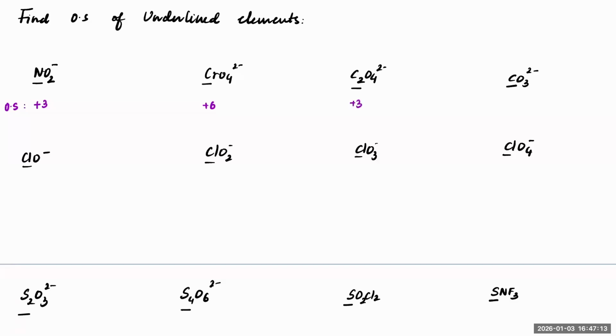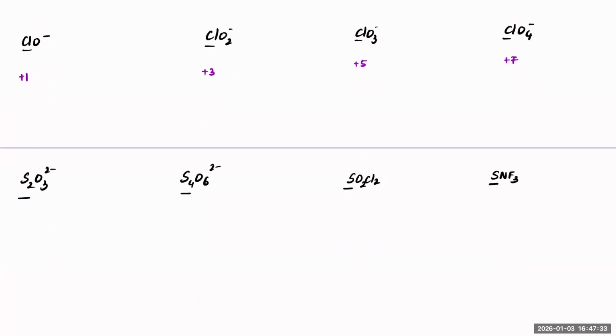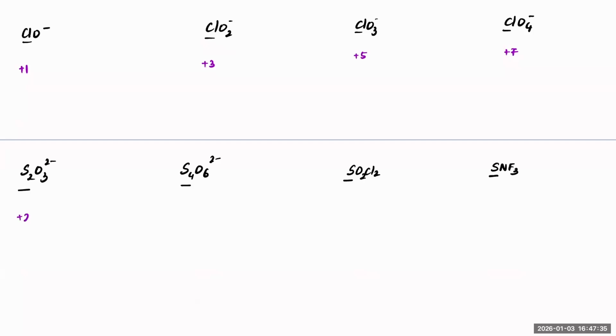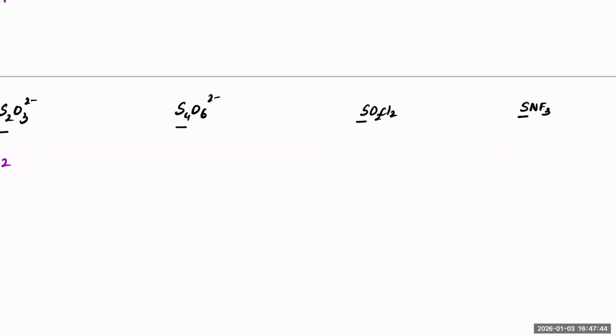Next, plus 4. Chlorine here, plus 1. Very good. Next one, plus 3. Next one, plus 5. Next one, plus 7. Next one, plus 2. Next one, plus 2, check again. Are you getting plus 2?